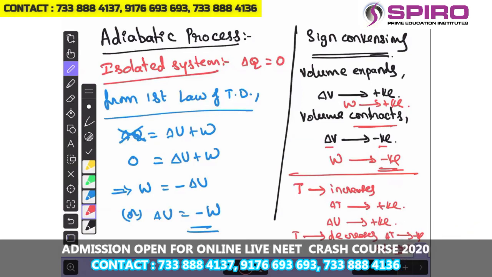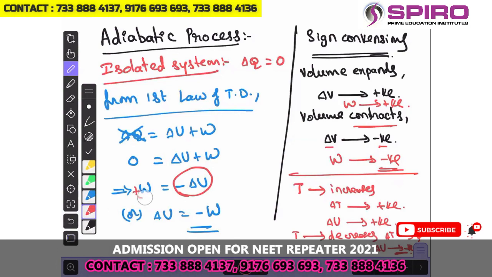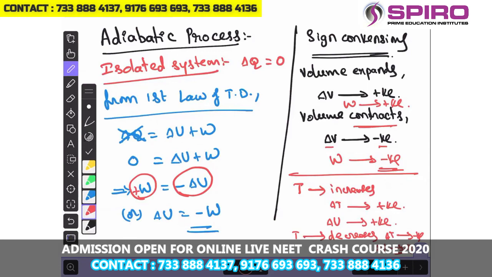So minus a negative internal energy change means positive work done. What does positive work done mean? Volume is expanded and temperature is decreased.